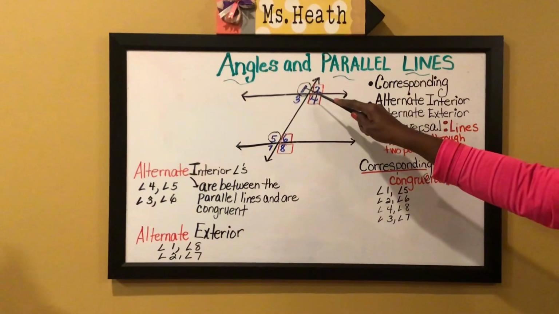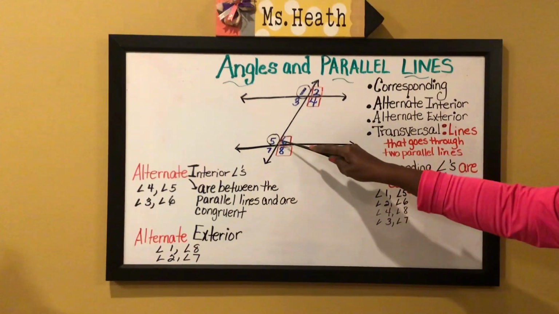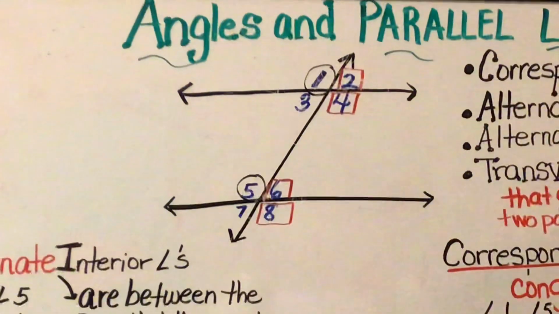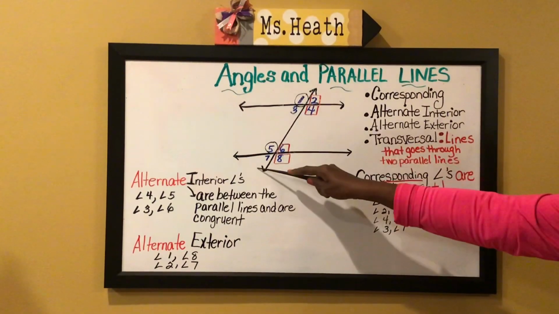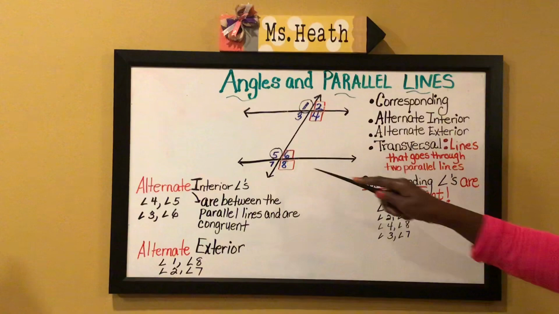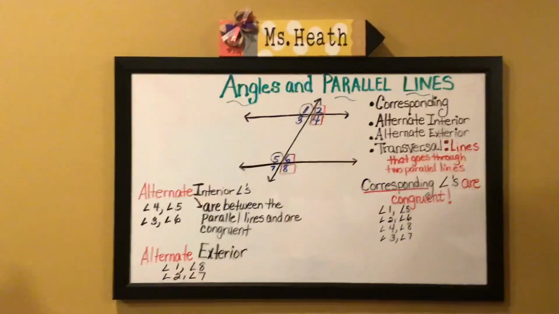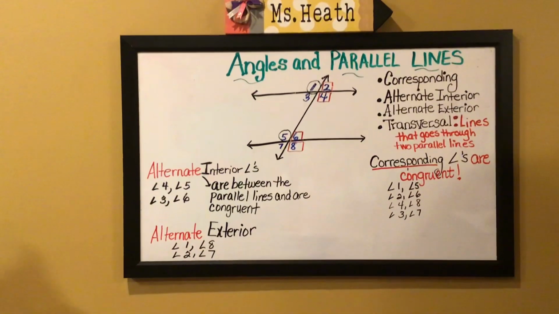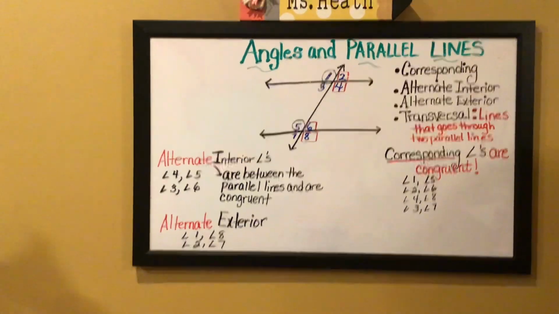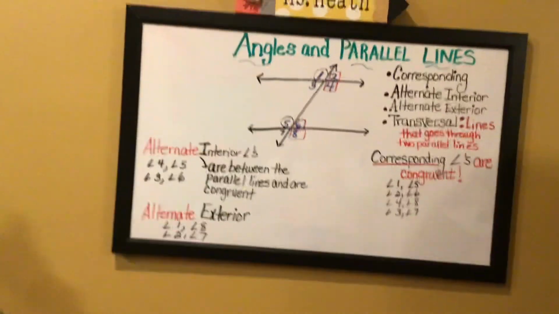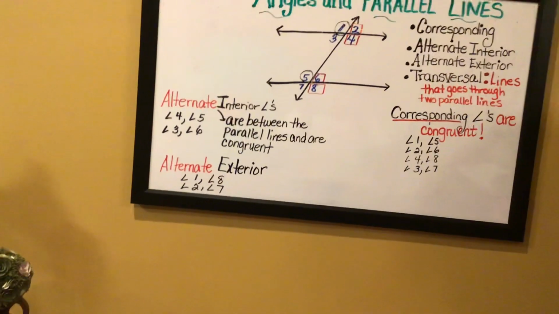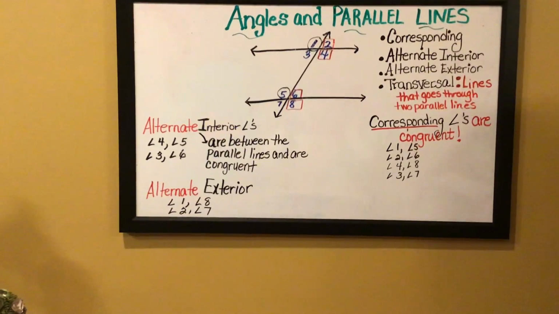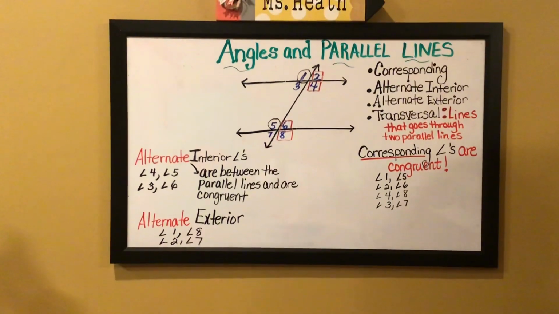I'll do it again. 1, 3, 5, and 7 are on the alternate side of 2, 4, 6, and 8. See, they're on this side, and 2, 4, 6, and 8 are on that side. So now let's look at the exterior. If we eliminate the interior, the exterior would be 1, 2, 7, and 8.